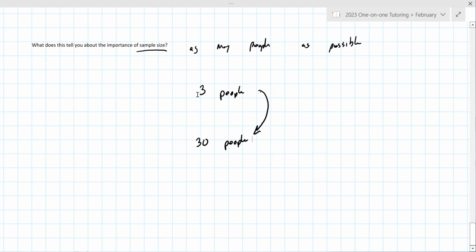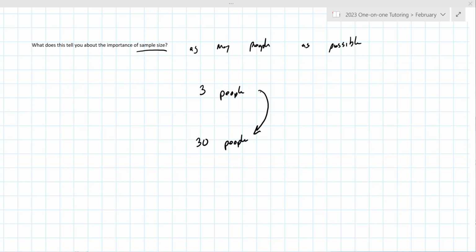Is that reasonable to go from 3 to 30? Not really. That's kind of a big jump. Yeah. And it's time consuming. You got to ask the right 30, there's a lot there. But the idea is that if you could ask more people, you would have more chance here of getting the result that you want.